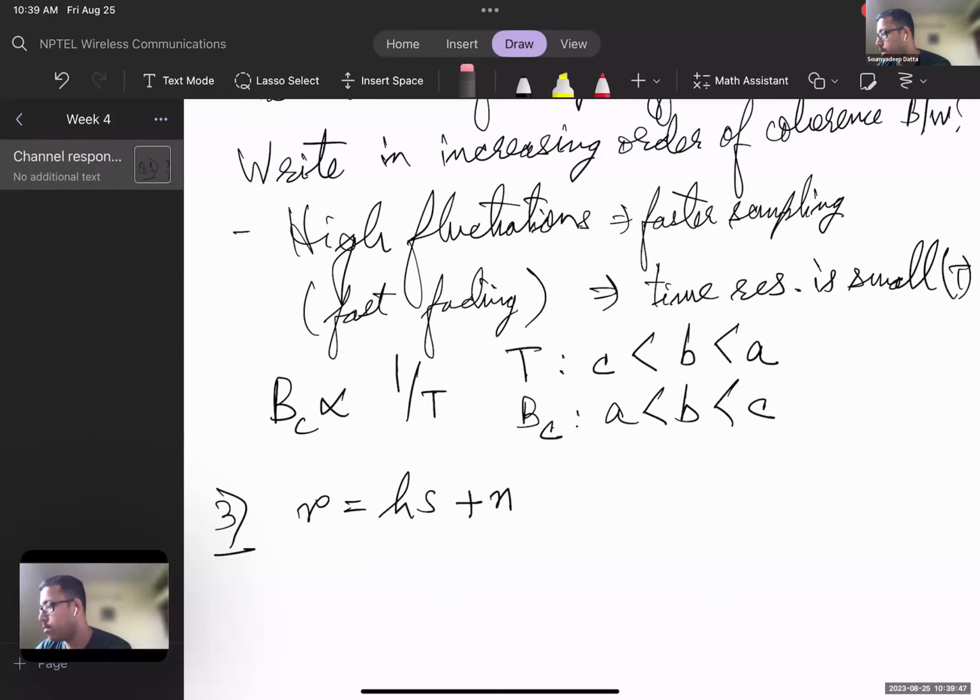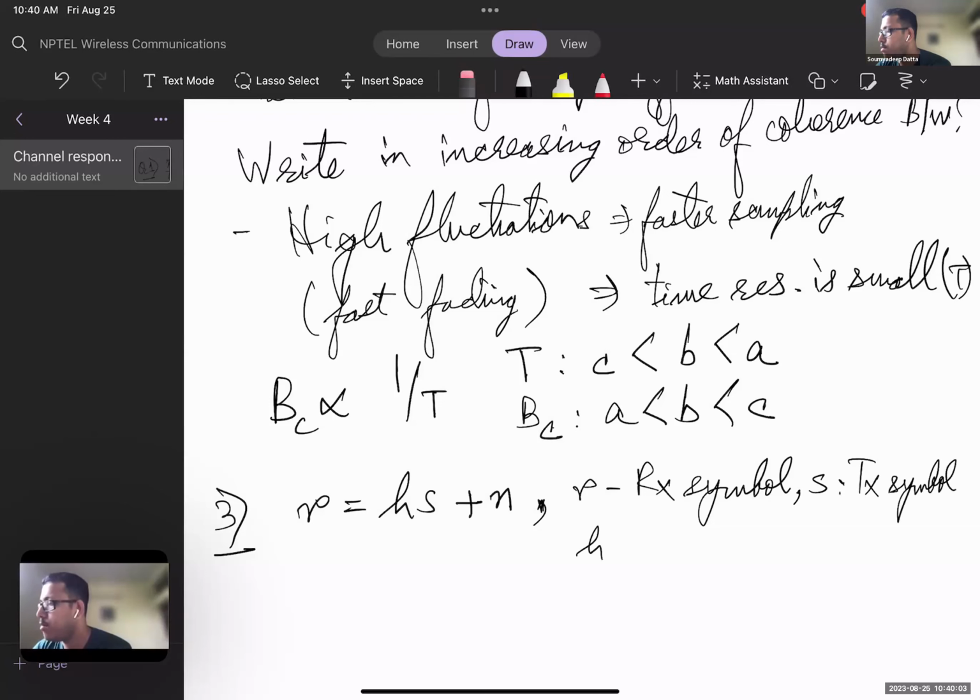So maybe let's write that down. R is the RX symbol, S is the TX symbol, H is the fading coefficient, and N is noise.